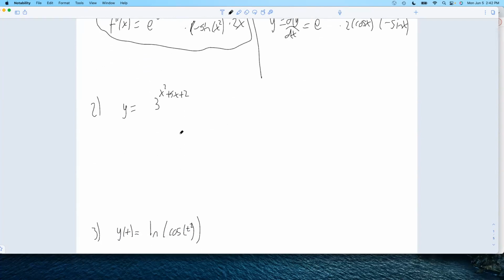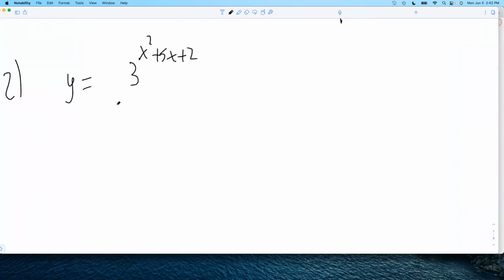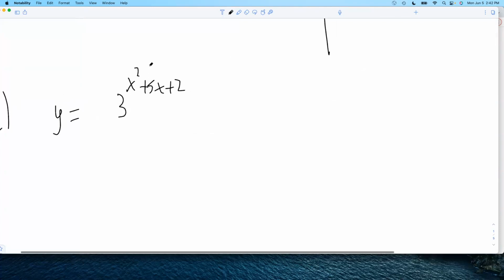Okay, what about this guy? We've got y equals 3 raised to some function. We cannot use power rule if our exponent is not just a constant number. If our exponent has x's or t's or whatever in it, you can't use power rule.